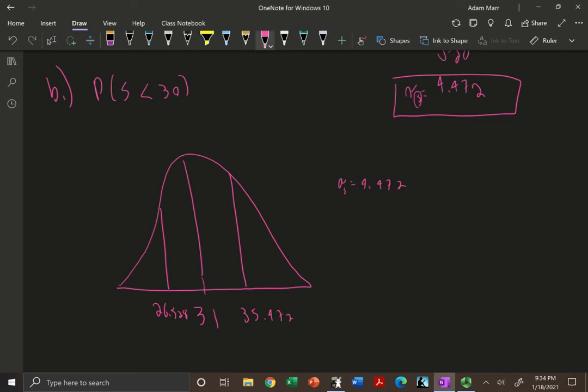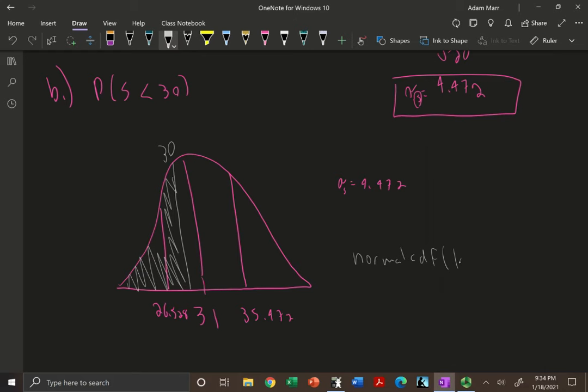All right, cool. Now we're going to find the probability that the sum is less than 30. There's 30, and less than 30 is all right there. So we'll go ahead with normal CDF.